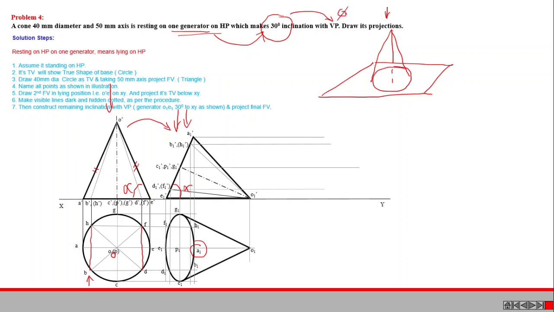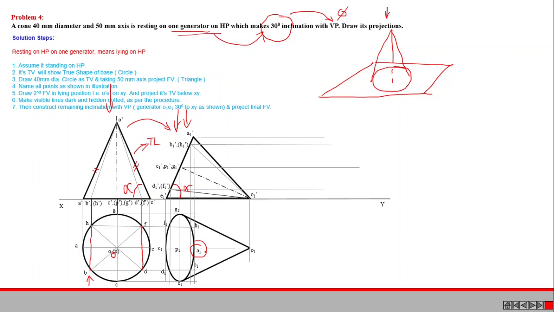Then we can locate this phi, true inclination with VP, only in true length. Here in this particular figure, we can see that generator E1 dash O1 dash is in true length. We have already discussed this length is in true length.